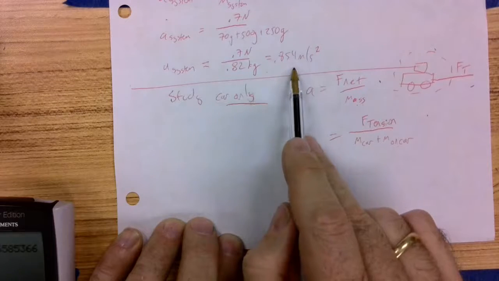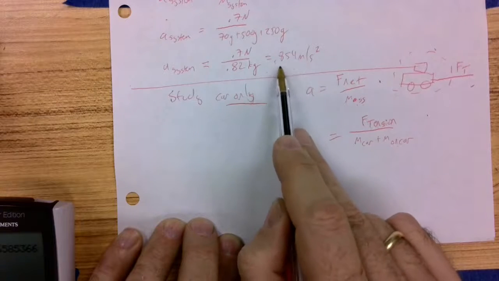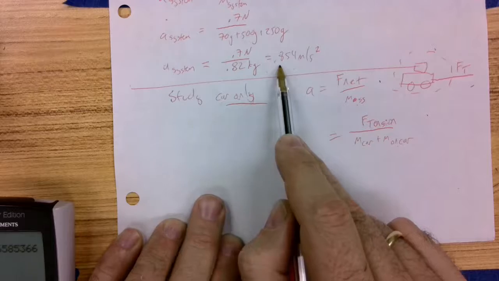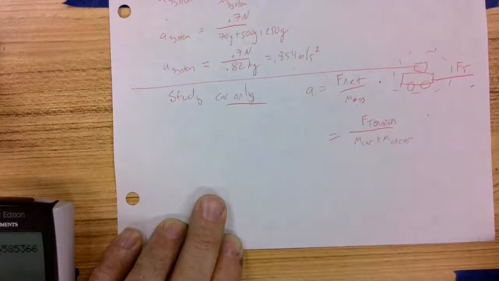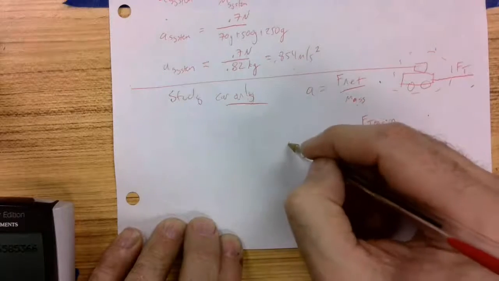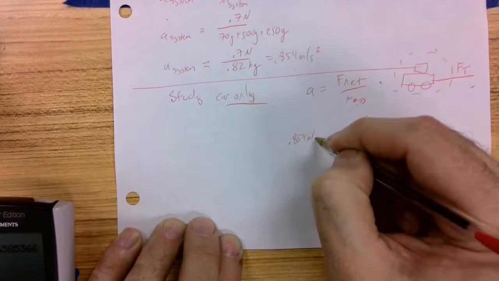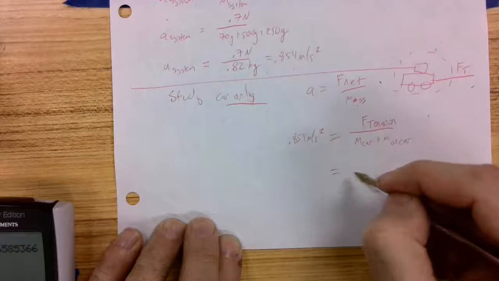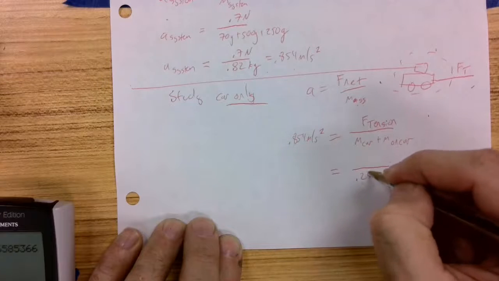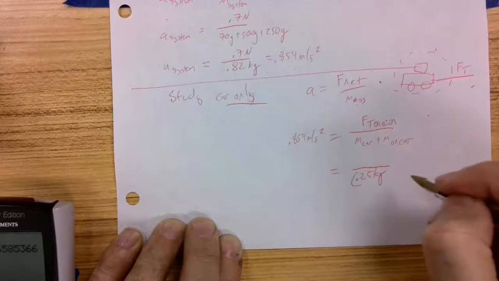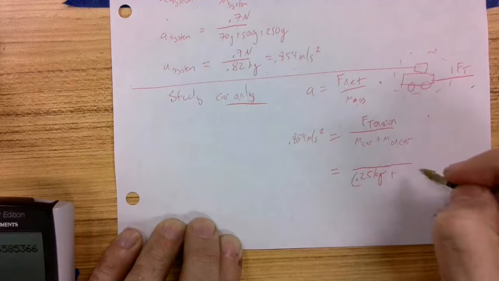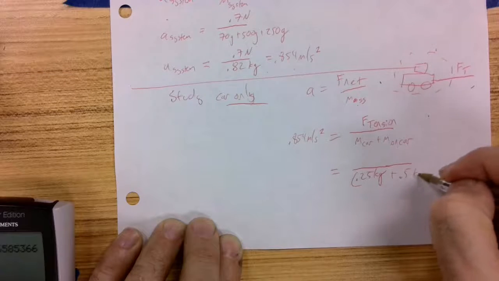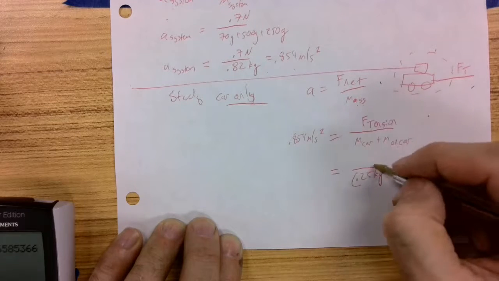Now here's the clever bit. A minute ago we found out that acceleration. And if the acceleration a minute ago was 0.854 for the car and for the hanging mass, that's the acceleration for the car. So the mass of the car, 250 grams or 0.25 kilograms. The mass on it, 0.5 kilograms, was given in the problem statement.